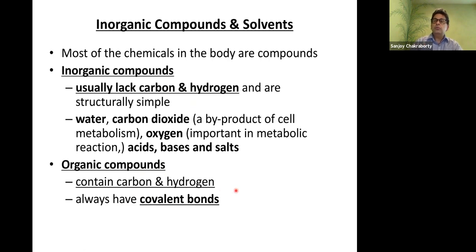So when you talk about sugar, protein, and lipid, all these molecules that we're going to talk about later on have mainly carbon and hydrogen structures, so they always have covalent bonds. But in inorganic compounds, they may not have covalent bonds. For example, sodium chloride is a salt that we produced before, when sodium and chlorine form a bond. They are not organic molecules.